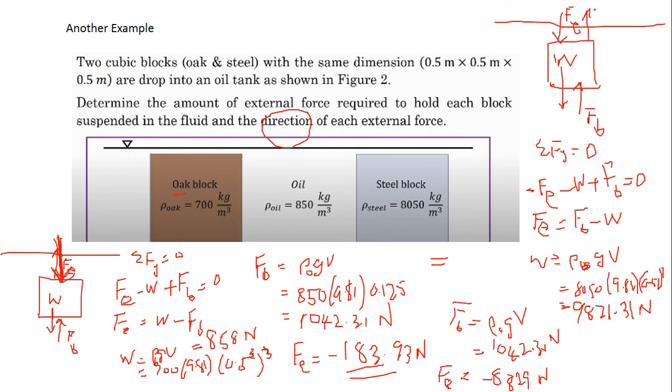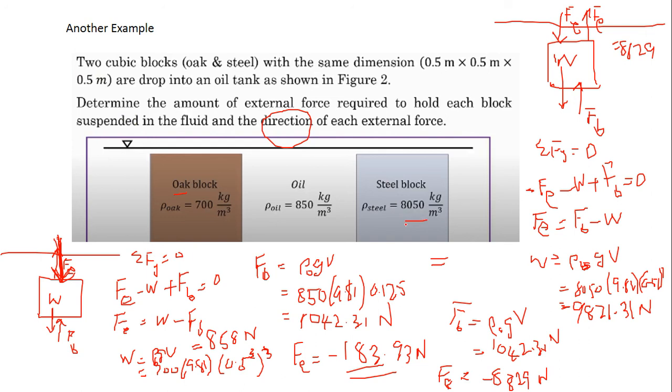The FE should be upward, and the magnitude is 8,829. So again, how can you know from this question whether FE should be upward or downward, from this value?